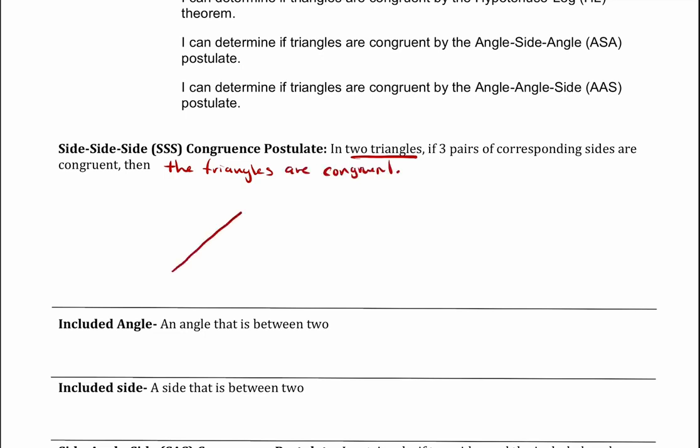So visibly what this means is if I have one triangle here that looks kind of like that, and I have another one that looks basically identical, and let's put some marks on here to indicate that the sides are exactly the same. This is the same as this, this one is the same as this one, and this one is the same as this one.